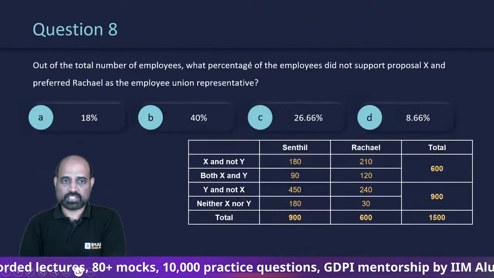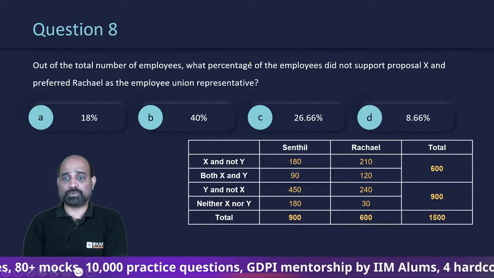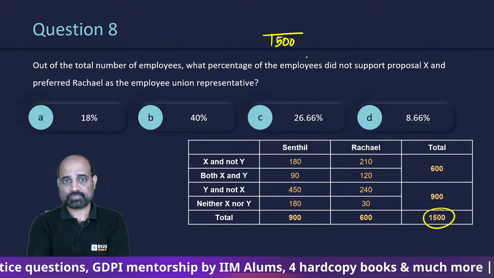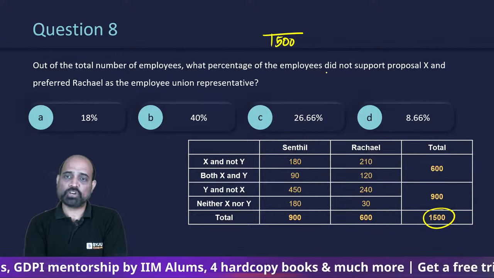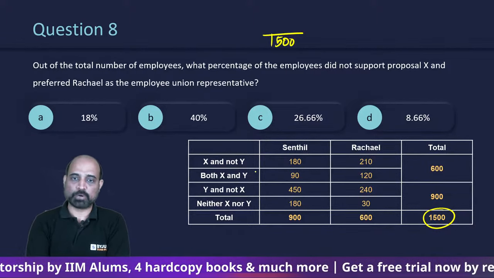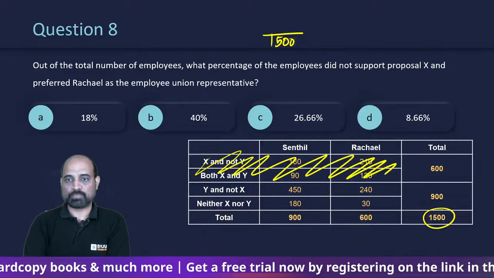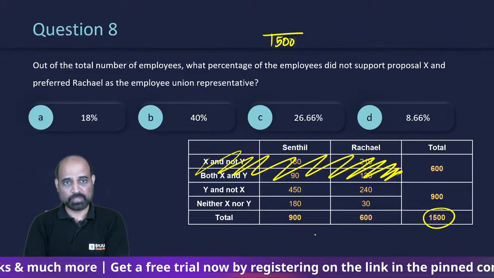Okay. Next. Out of the total number of employees we have is 1500. What percentage of the employees did not support proposal X? Proposal X support करने वाले ये लोग हैं. So did not support proposal X, we have these many people.